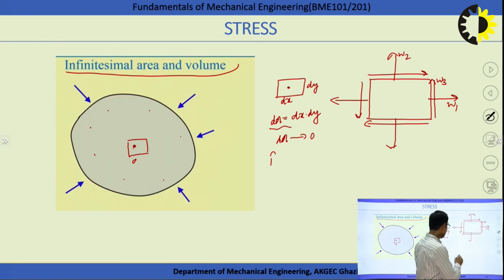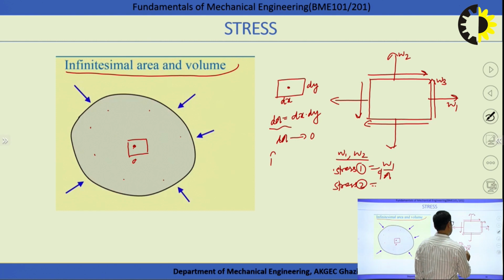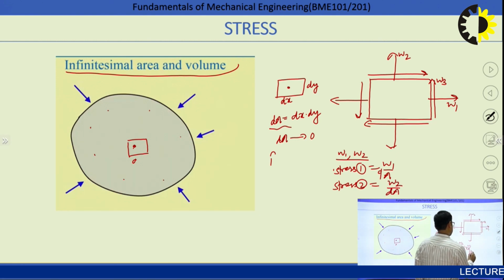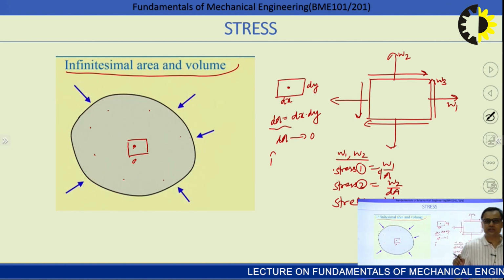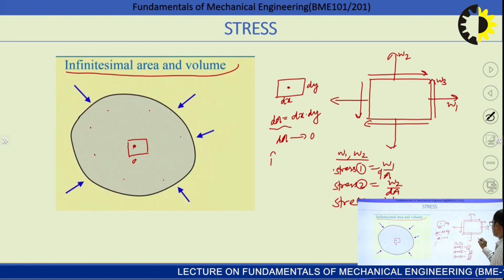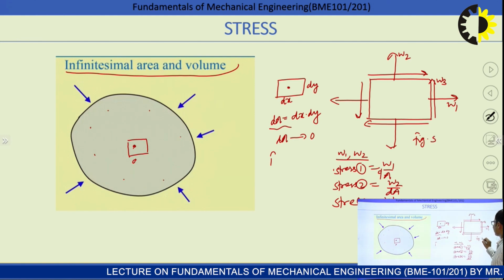W1 and W2 are normal loads, so they produce normal stresses. Here we can calculate stress 1 equal to W1 by dA, where this area is very small, stress 2 equal to W2 by dA, and stress 3 equal to W3 by dA. In this way we can define stress at a point. This figure is representing stress at a point.